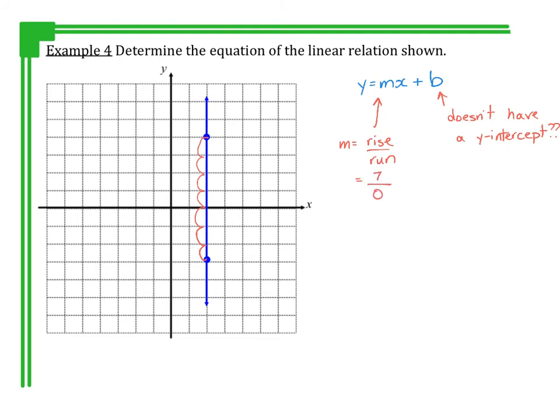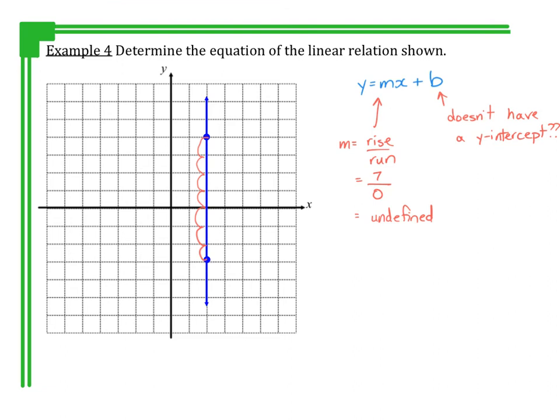So the run is 0. And if you recall, any number divided by 0, your calculator gives you an error, and it's called in mathematics undefined. Okay? A vertical line has a slope that's undefined.